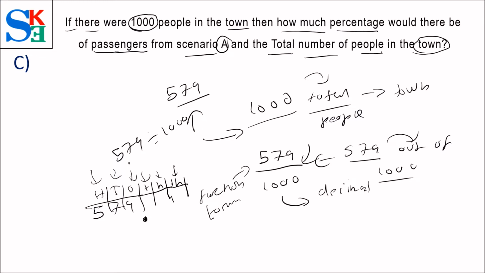Anyways, the easy way to do it is to just count the number of zeros. How many zeros are there? 1, 2, and 3 in 1000, the number that I'm dividing by. So I'm going to move the digits to the right 3 times. I'm not going to do anything to the decimal point, because that's just there after ones.